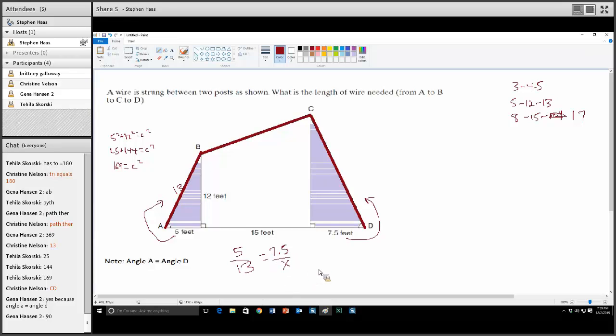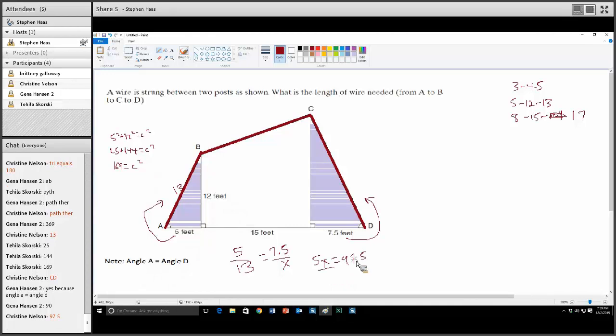And now we can cross multiply, which gives you 5 times x, which is 5x, equals 13 times 7.5, which is 97.5. Divide each side by 5, and you've got 19.5. Okay, good. So x is 19.5.